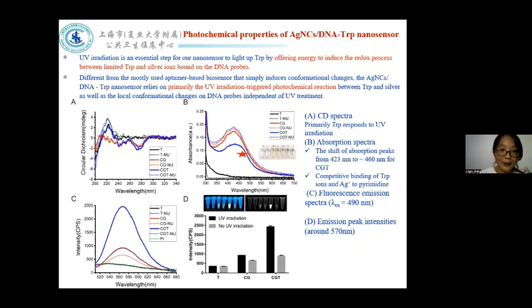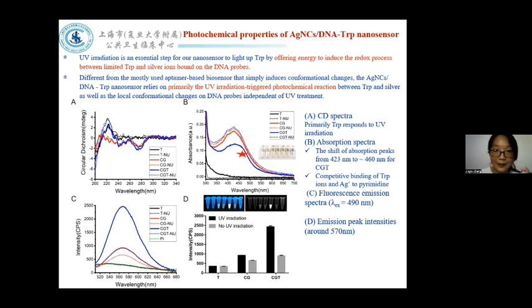Furthermore, we explore the effect of UV irradiation on the properties of our nanosensor. We can see that without UV irradiation, there will be no fluorescence enhancement and no characteristic CD signal, only after UV irradiation.